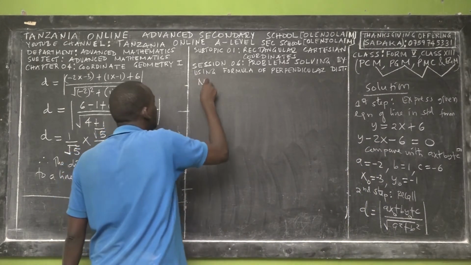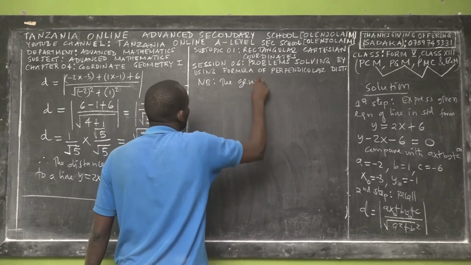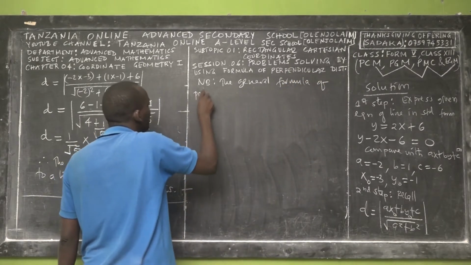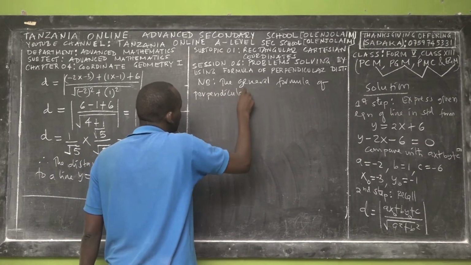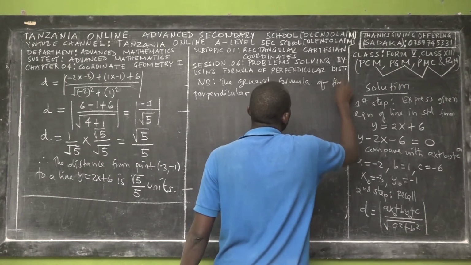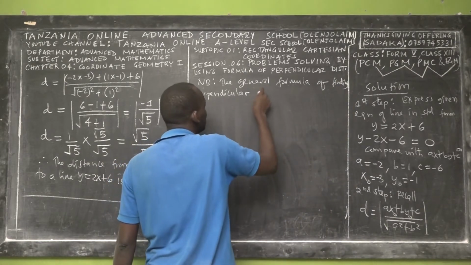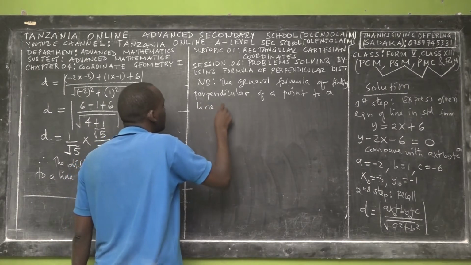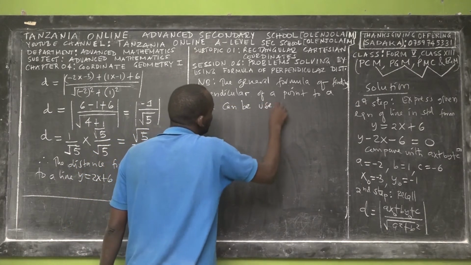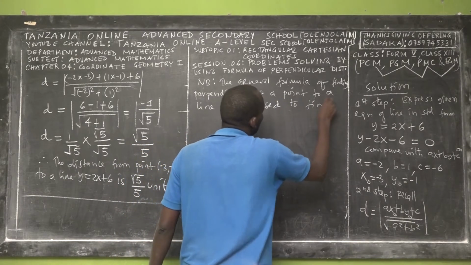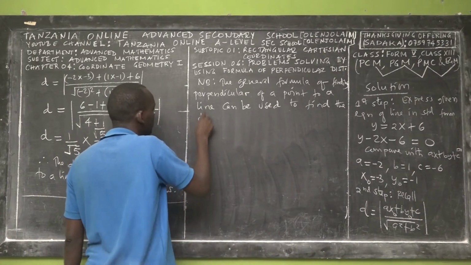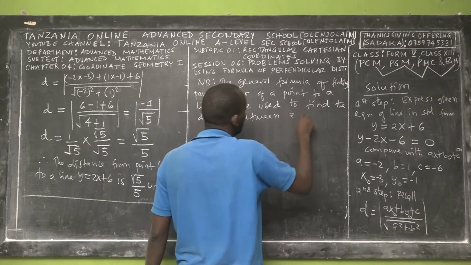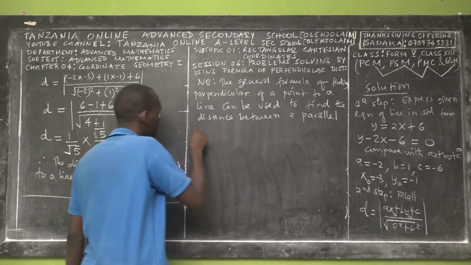Note the general formula of finding the particular distance of a point to a line can be used to find the distance between two parallel lines.